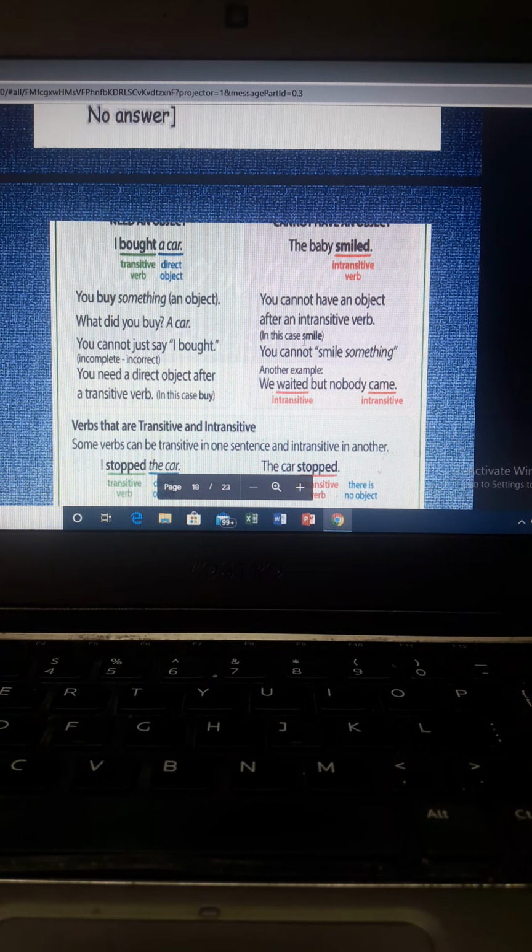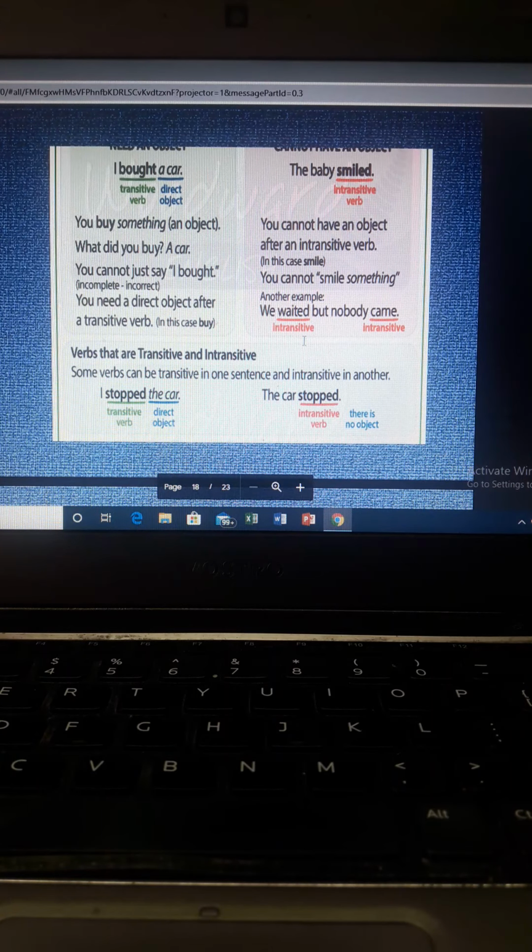Now verbs that are transitive and intransitive, both, students, sometimes it happens that the same word could be used as a transitive verb and the same could be used as an intransitive verb. For example, I stopped the car. The verb over here is stopped and the object followed is the car. So this verb becomes a transitive verb. But the same verb stopped can be used in another way also. The car stopped.